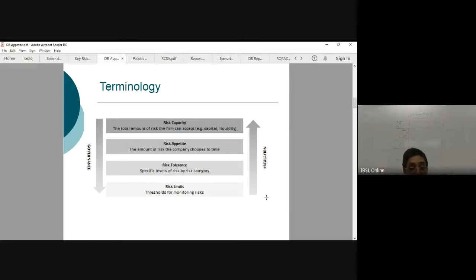But in the case of operational risk, the appetite comes not with the intention of getting a return, because operational risk will not give you any return. But if you are not going to take operational risk, there's no way of operating your business. That is why you have to take operational risk. There should be an appetite. It is not the same as having a risk appetite for credit risk and market risk.